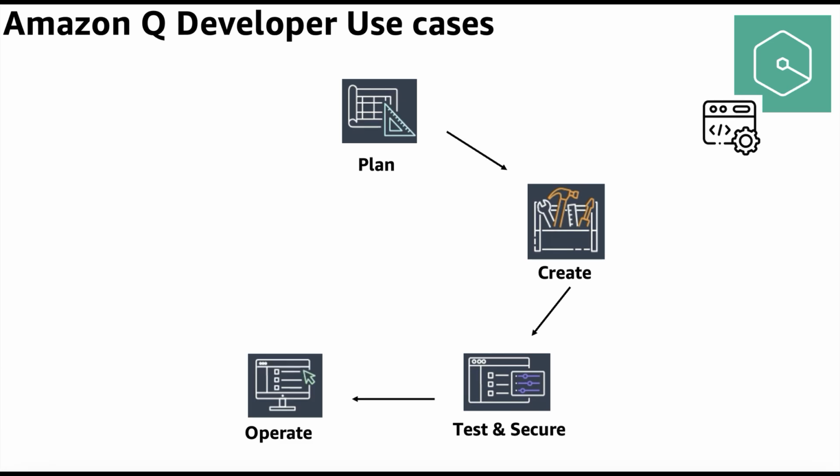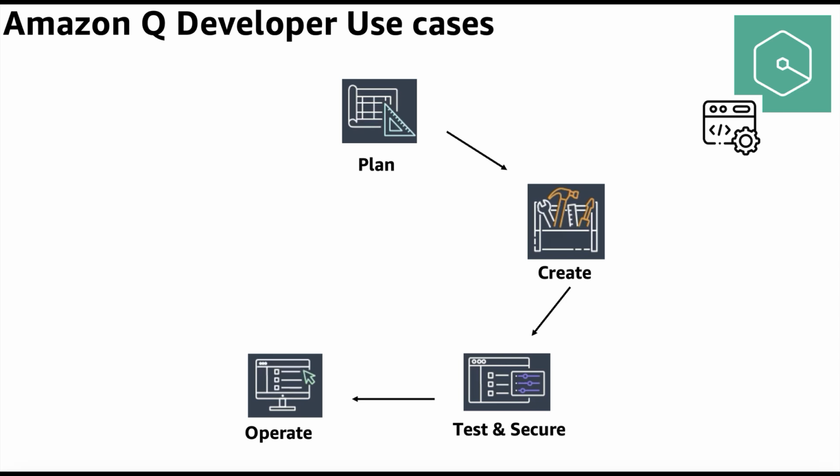Fourth stage is operation stage. You can use Amazon Q Developer for troubleshooting errors. It supports debugging multiple services such as EC2, S3, Lambda, and ECS. You can also use it with VPC Reachability Analyzer. For AWS developers, Amazon Q Developer is indispensable, offering expert troubleshooting and optimization across various AWS services.